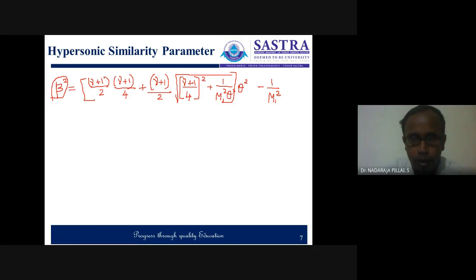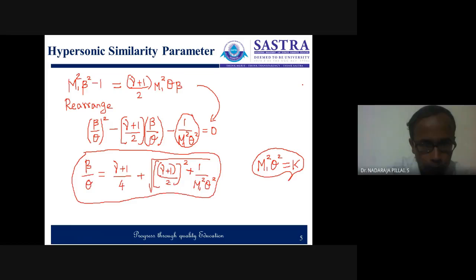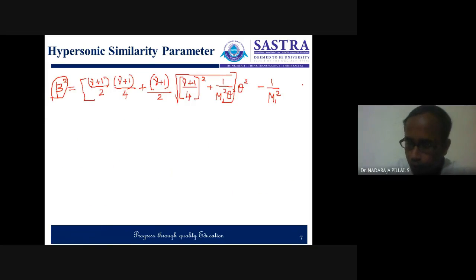Actually, it will become m1 square theta square, but when it is multiplied by m1 square, this becomes m1 square. Now we want to substitute this beta square in the equation for P2 by P1.